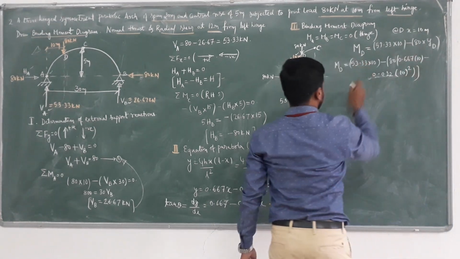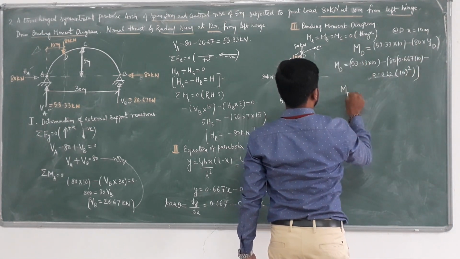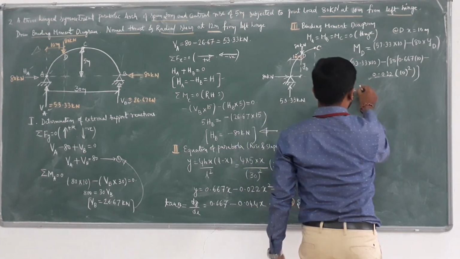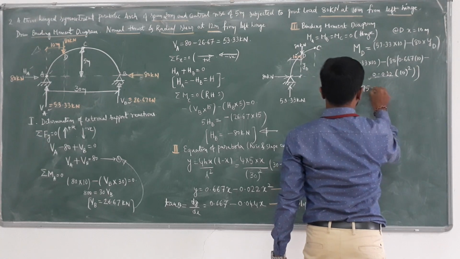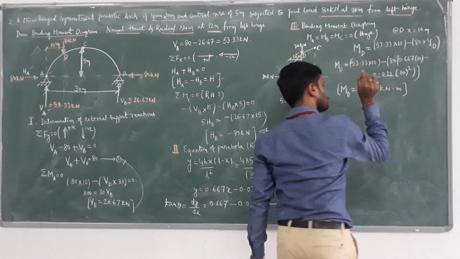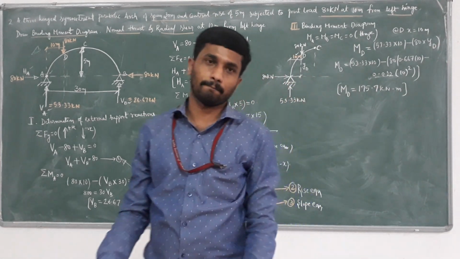We just solve this and get the MD value. What is the MD value? 175.7 kilonewton meter. We got MD.